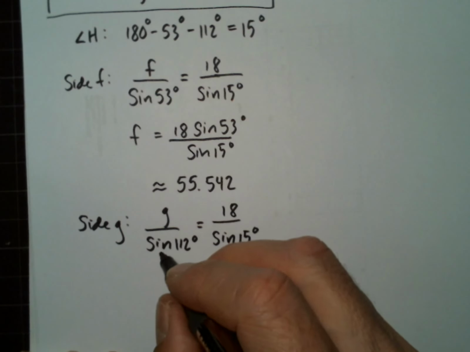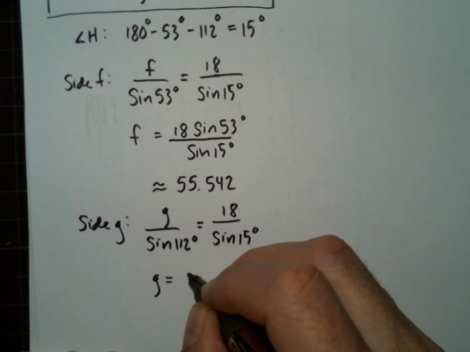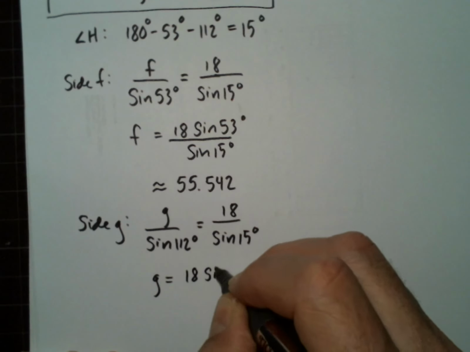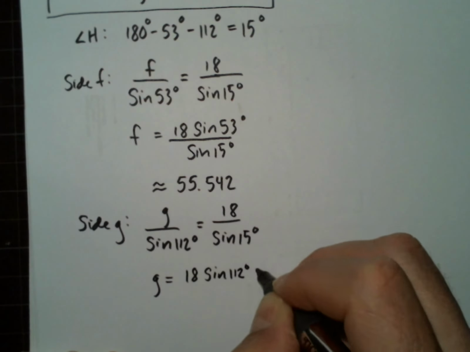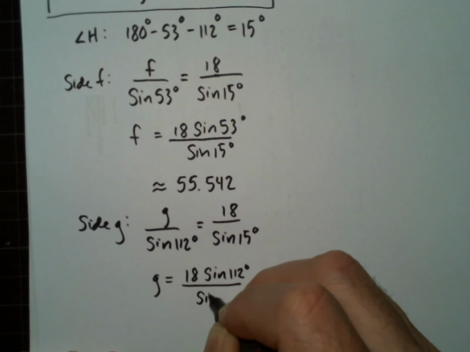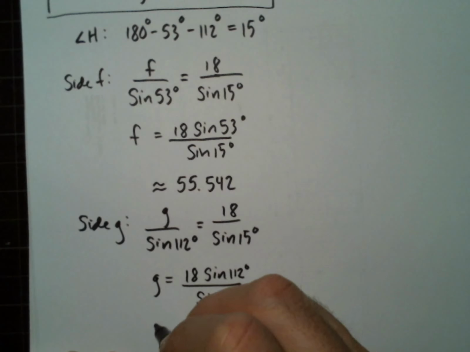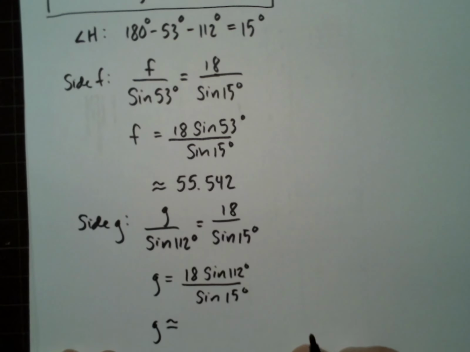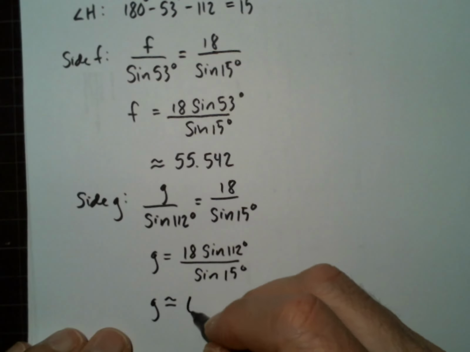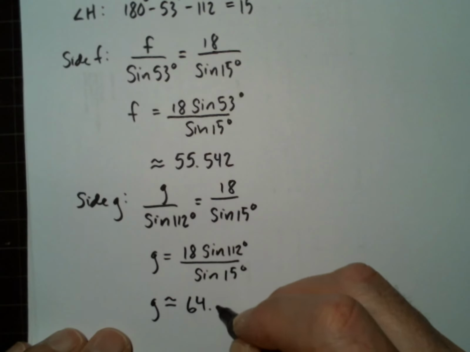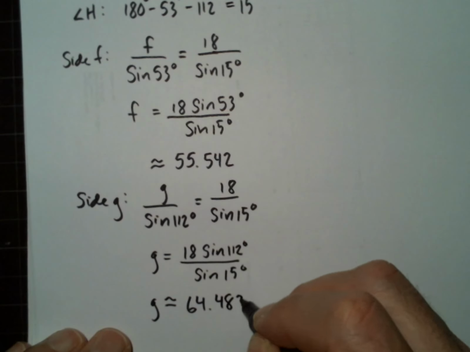Multiply both sides by sine 112, and we get approximately 64.482.